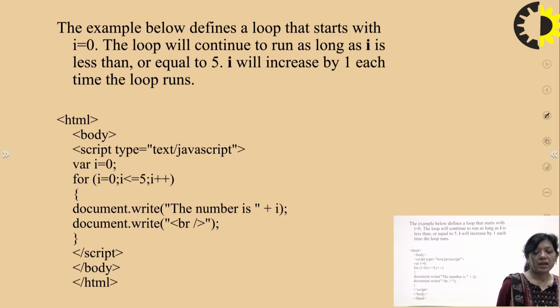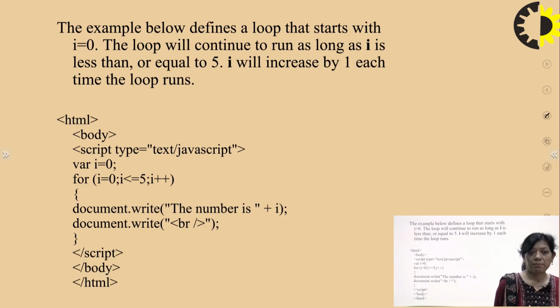Every time the value of i is incremented by 1 because here I have used the post increment operator, i plus plus. In document write, the number is plus i, and here I have used br. br means line break.